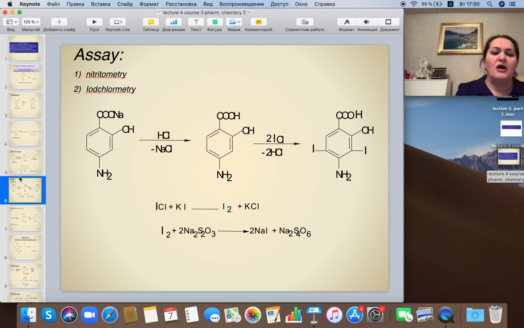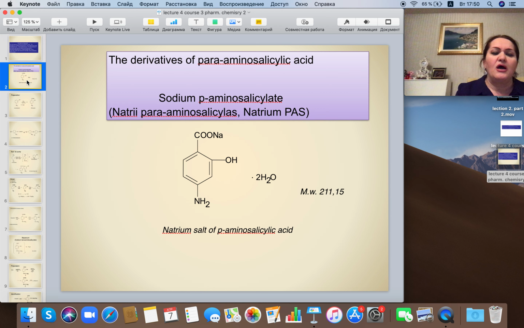Before speaking about assay, quantitative determination, I want to say that this preparation gives a reaction with ferric chloride, and you know that the reaction with ferric chloride is a specific reaction for phenols. Because this preparation has a phenol hydroxyl, with ferric chloride it gives a red-violet color.